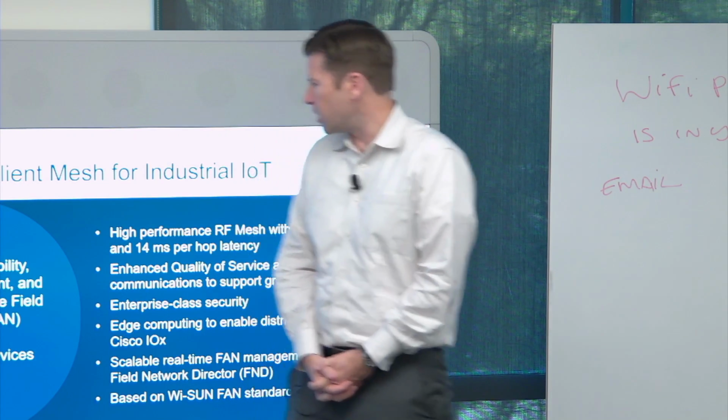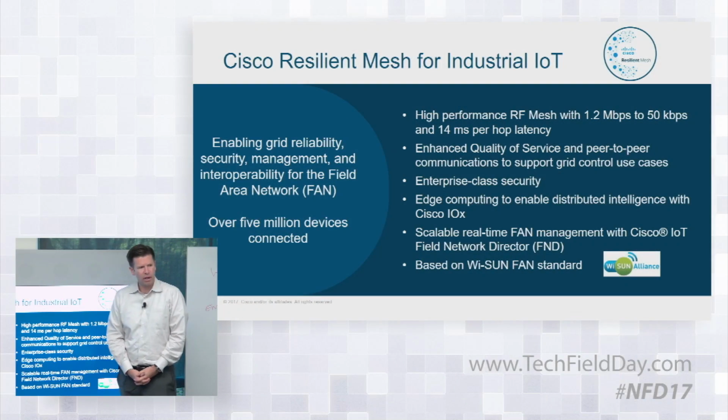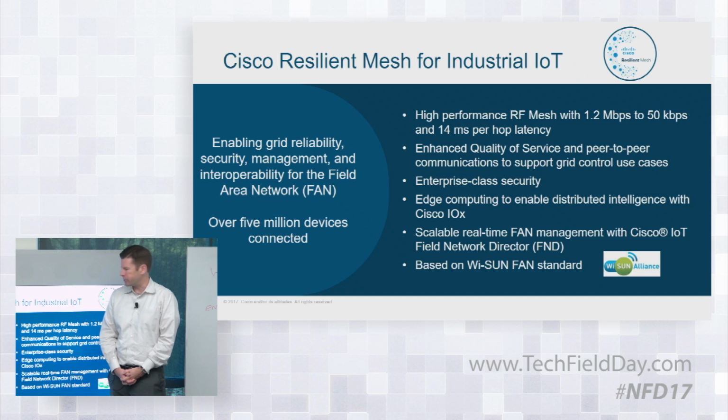So we introduced Cisco Resilient Mesh. We've had this mesh in production for about 5 years now, and to date we've connected over 5 million smart meters in the US and North American market.